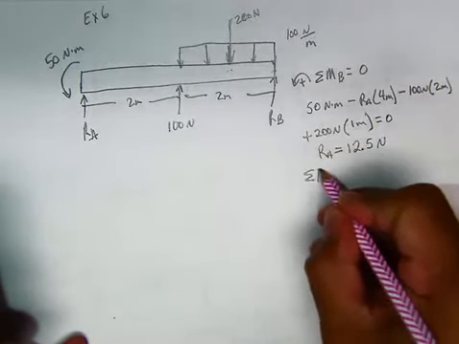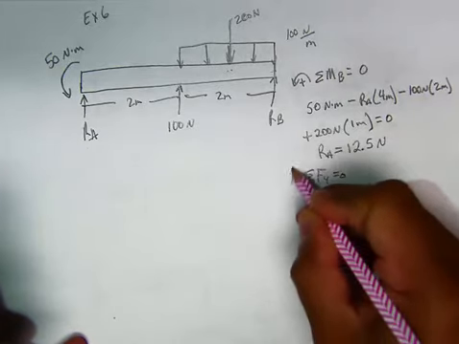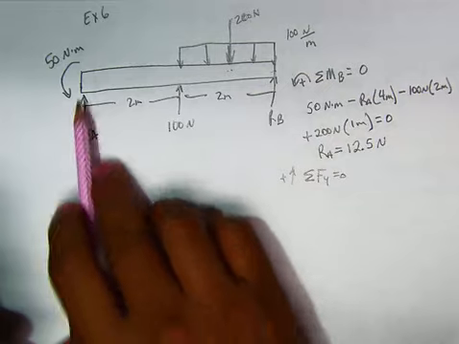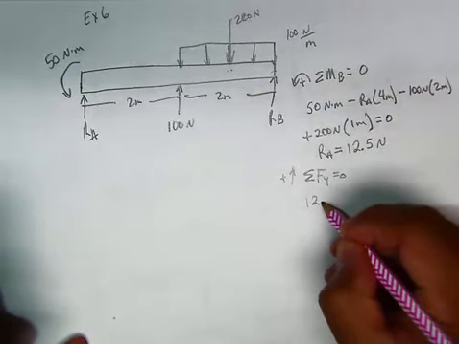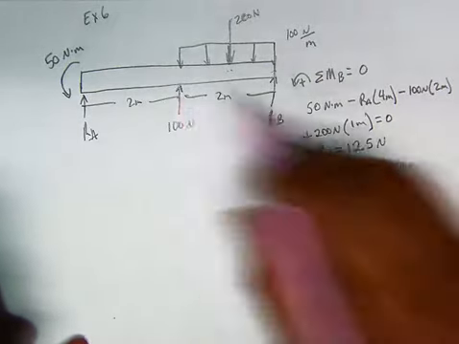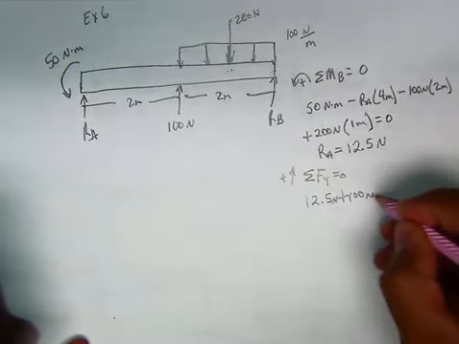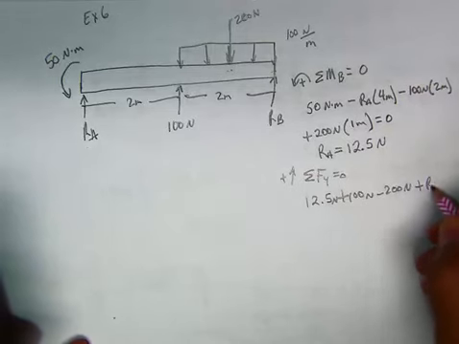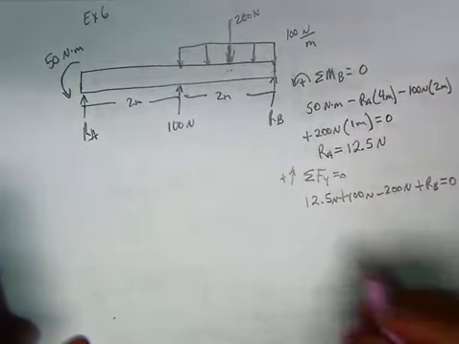And then by doing a sum of the forces in Y equal to 0, I can easily find out what my RB is. So this is 12.5 plus 100, since it's going up. These are all newtons, minus 200 plus RB equal to 0.